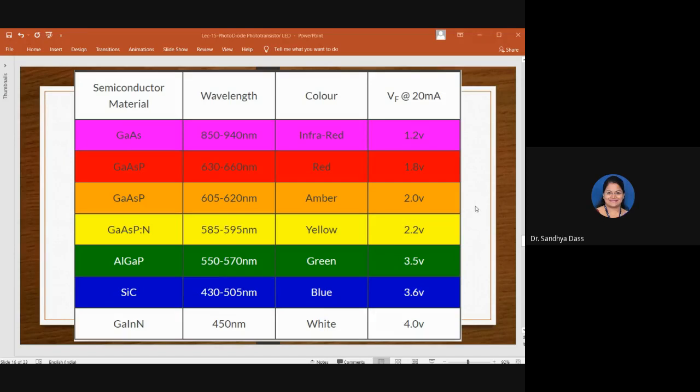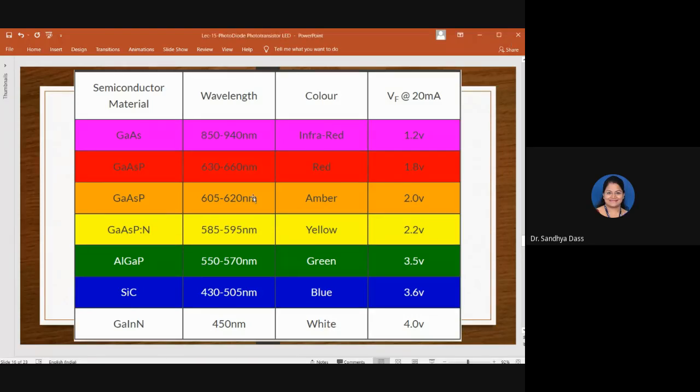LEDs are made from exotic semiconductor compounds such as I named earlier: gallium arsenide, gallium phosphide, gallium arsenide phosphide, silicon carbide, gallium indium nitride, etc., all mixed together at different ratios to produce a distinct wavelength of color.